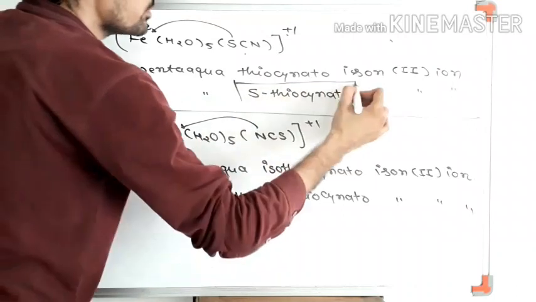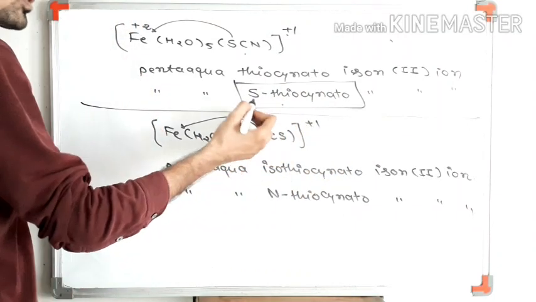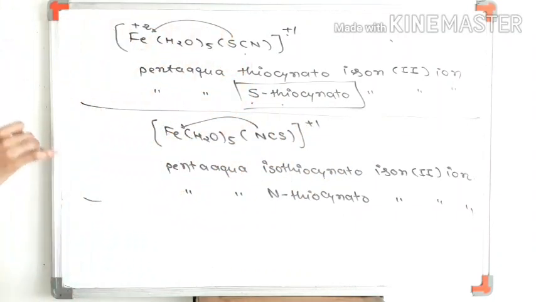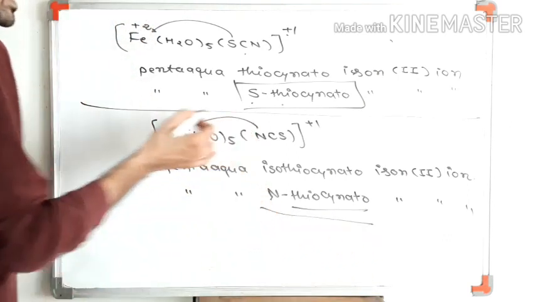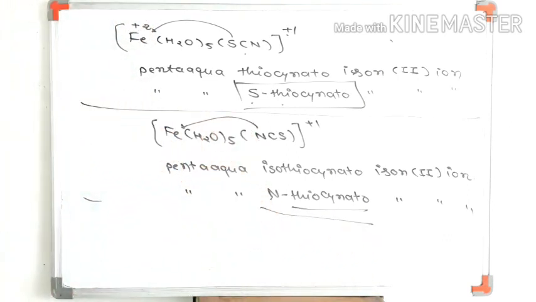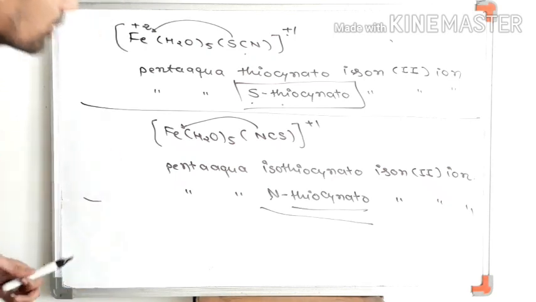What does it mean? S-thiocyanato means sulfur is making the dative bond with the metal ion. N-thiocyanato means nitrogen is making the dative bond with the metal ion. Is it clear to you? Easy. So like this you can name different coordination compounds. Okay.